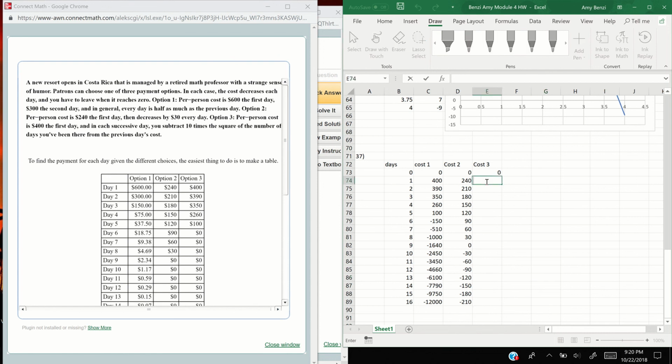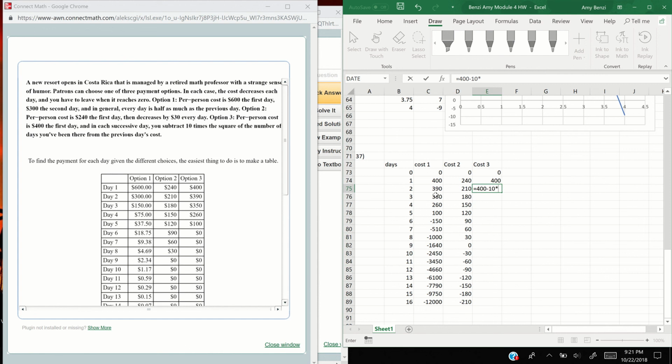All right, so here we started off at $400 for the first day. And then each successive day, you subtract 10 times the square of the number of days you've been there from the previous day's cost.